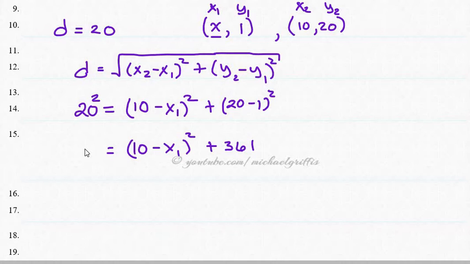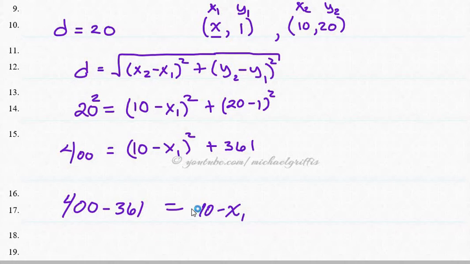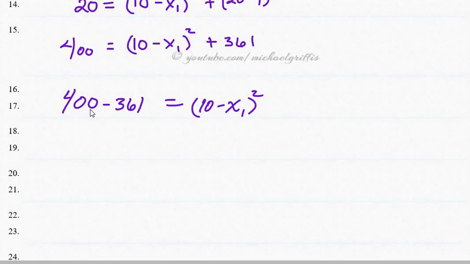And let's go ahead and do 20 squared. That's going to be 400. Okay, so we're trying to solve for x1. So let's subtract 361 from both sides. So we have 400 minus 361 is equal to 10 minus x1 squared. 400 minus 361 is 39.